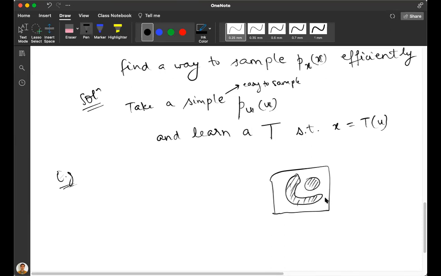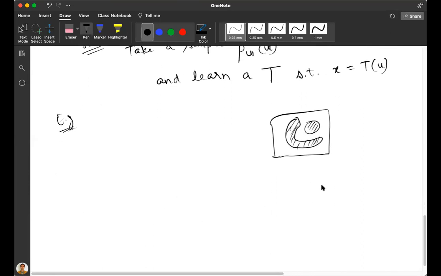This is your target distribution. It's very difficult to sample from, let's say. Or you are given a Gaussian mixture model. A Gaussian mixture model is not difficult to sample from, but I'm just giving an example. Let's say you want to sample from here.